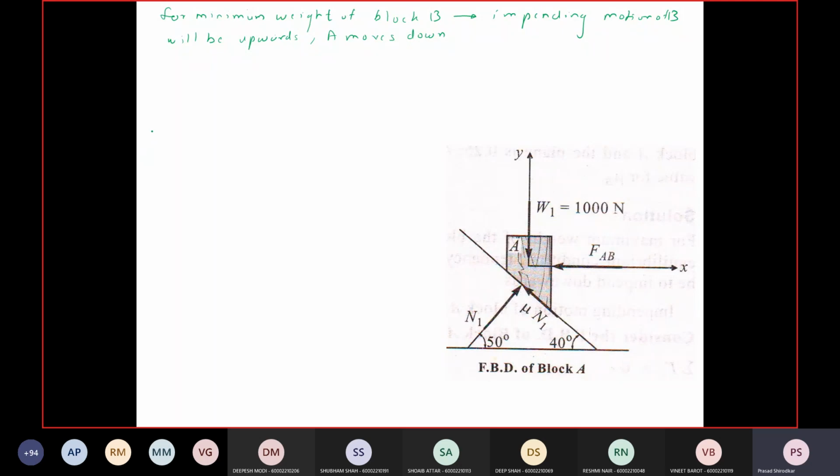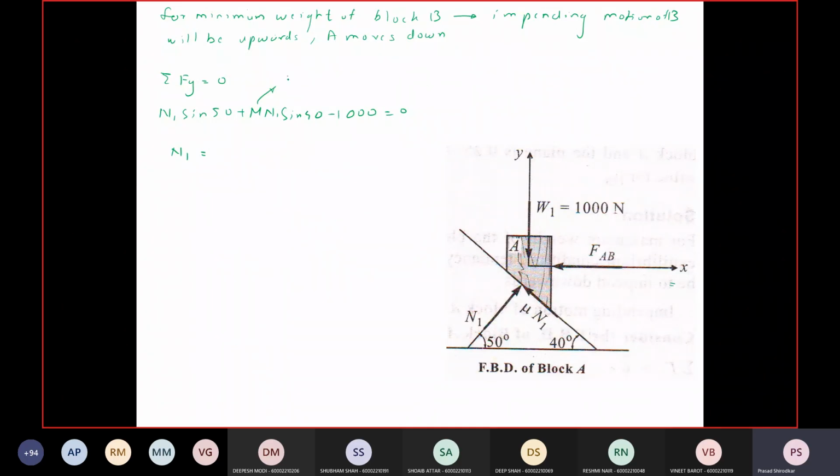Again, now consider I have considered this x and y axis in this direction. So let's write the equation, summation Fy equal to 0. So N1 sine 50 plus mu N1 sine 40 minus 1000 is equal to 0. So find out N1.